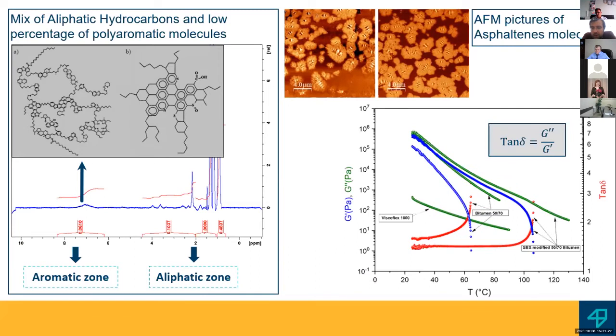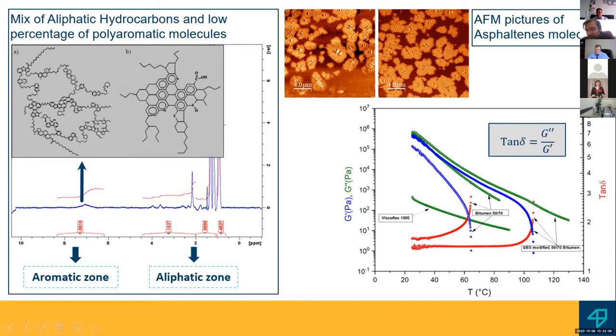In particular, the study of this new material with the Viscoflex 1000 represented here, as you can see, consists only of a viscous modulus, G double prime, compared to a classical 50/70 paving bitumen, which has a viscous modulus, an elastic modulus, and a loss tangent, tangent delta.